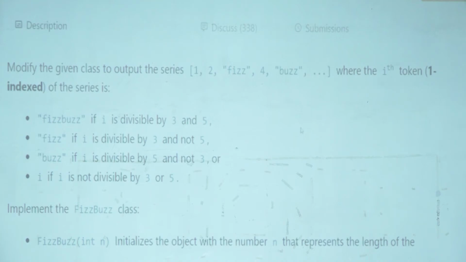If it is divisible by 5 but not by 3, then it will print buzz. If it is divisible by both, it will print fizz buzz. And if it is not divisible by either, then it will print the number.